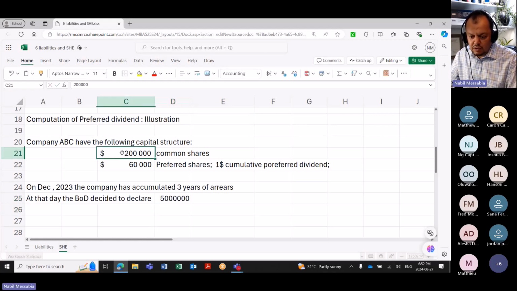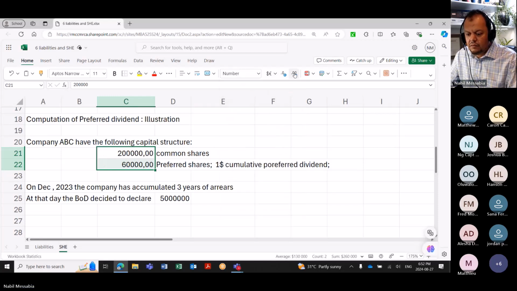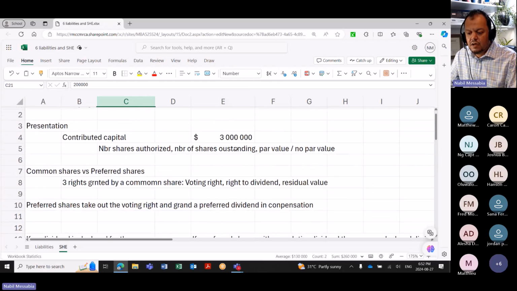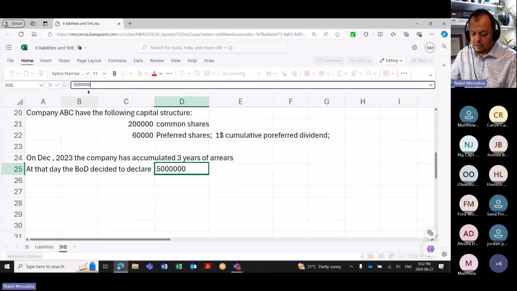Sorry, these are not dollars, of course. These are numbers, not dollars. Number of common shares, 200,000, and this is the dollar amount: the dividend declared, 500,000.